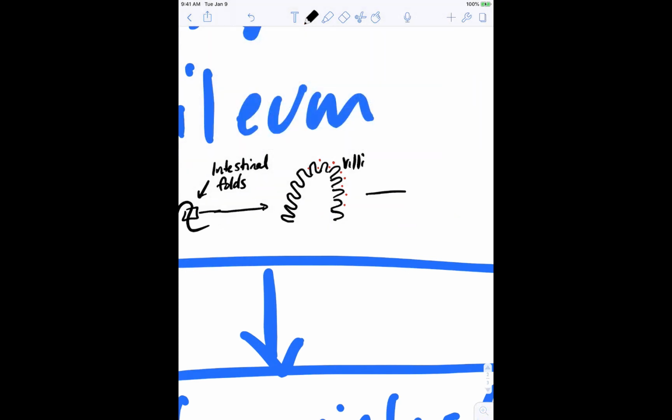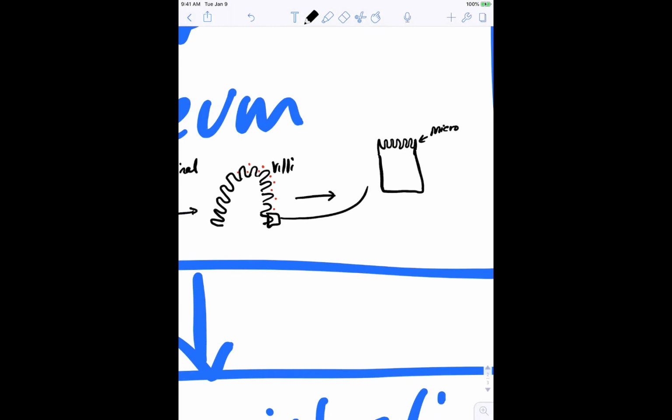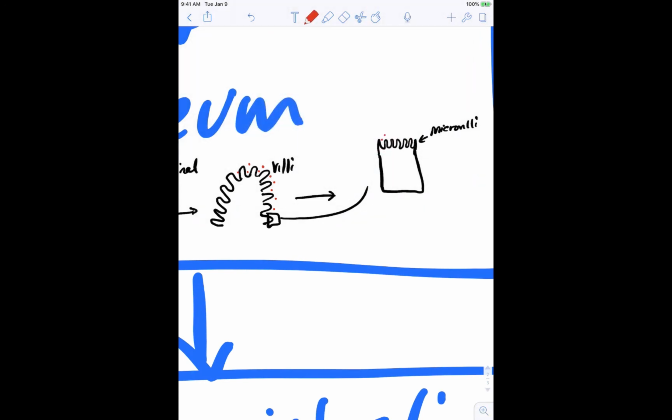Then, if you look at those villi even closer, what you see is that the individual cells on the villi have these little cilia on them. Those are called microvilli. And this again gives them even more surface area to absorb food particles that happen to come in contact with them.